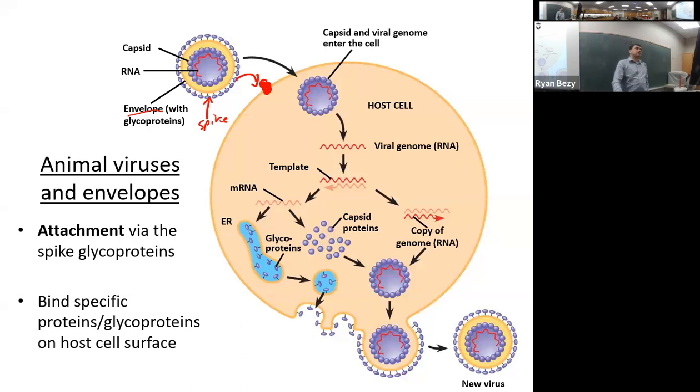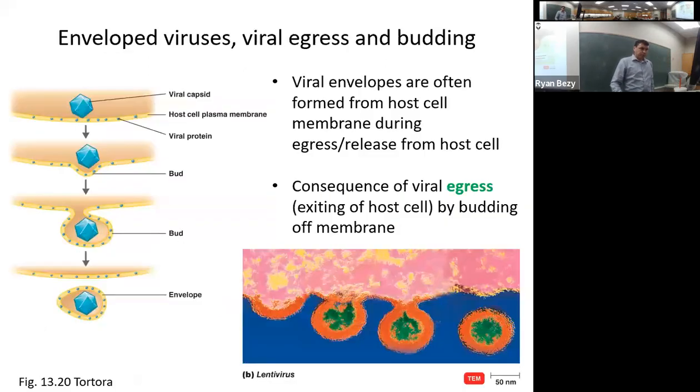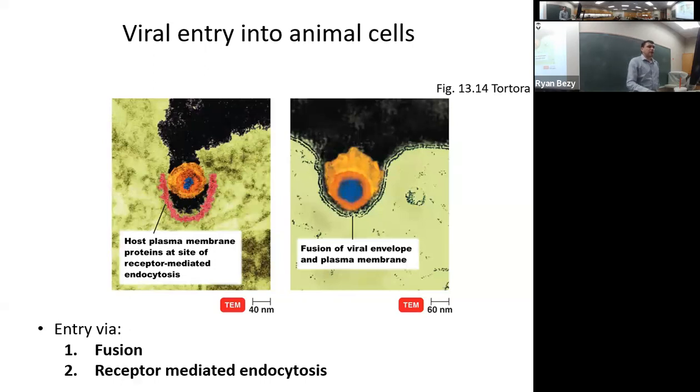Typically, when viruses that infect animal cells enter the host cell, they usually enter by either fusion or receptor-mediated endocytosis. And we talked very briefly about both of these processes last lecture as well. If it is entering by, for instance, fusion, this is just going to be the viral envelope.